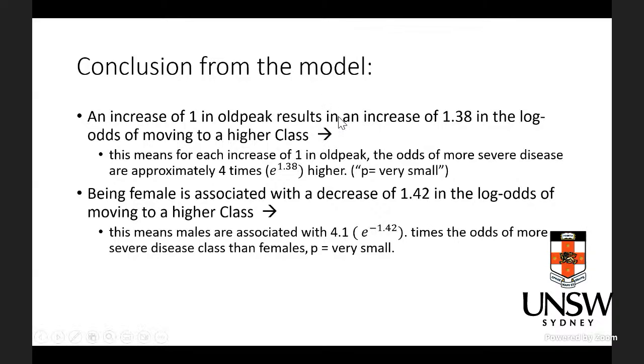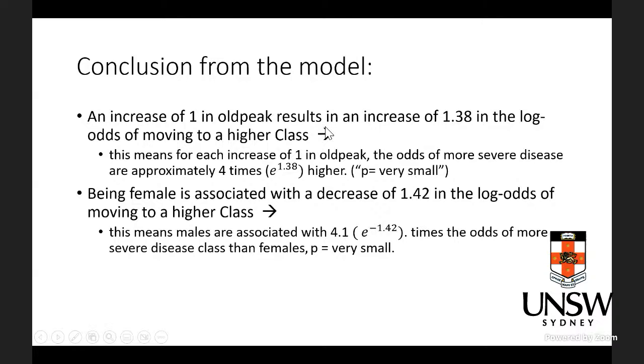I took this off the log scale because a lot of people can understand multiplicative scales better. So e to the power of 1.38 is 4. That's where the 4 came from. And obviously old peak seems to be quite diagnostic of disease severity class. And I've just put here P is very small.